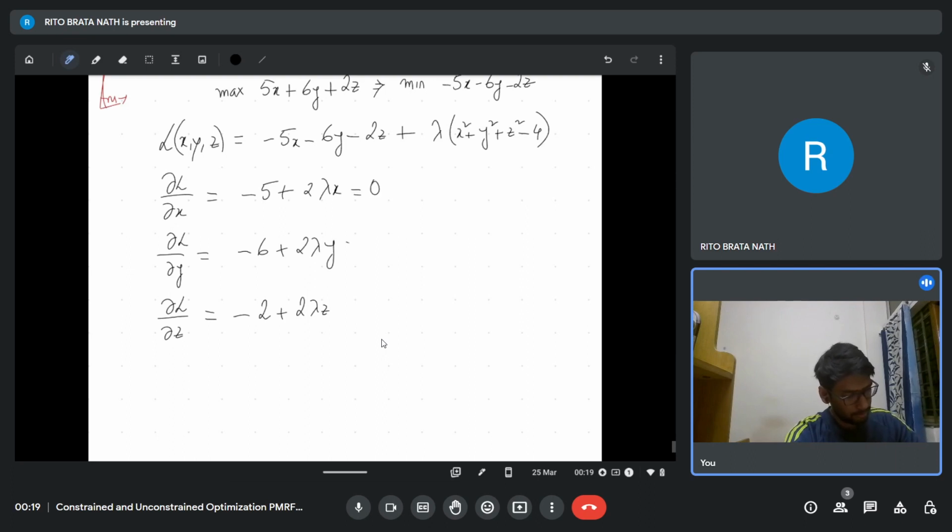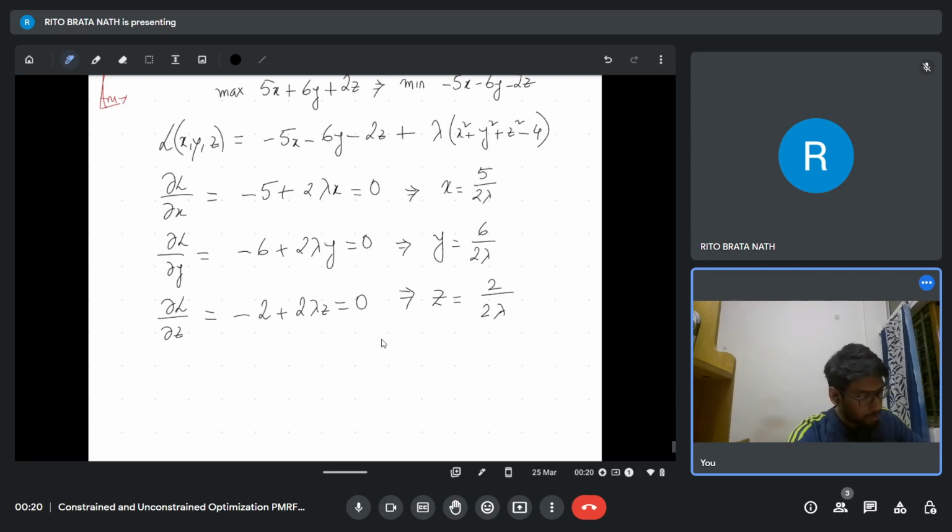So this is equal to 0, this is equal to 0, this is equal to 0. This gives you x equals 5 by 2 lambda. This gives you y equals 6 by 2 lambda. Let me keep it as 6 by 2 lambda so the calculations will be easier. Z is 2 by 2 lambda.